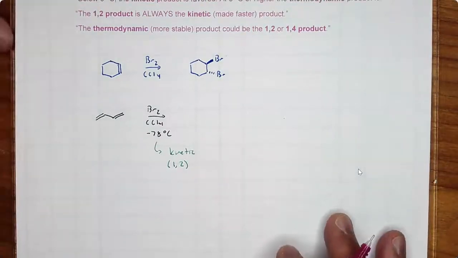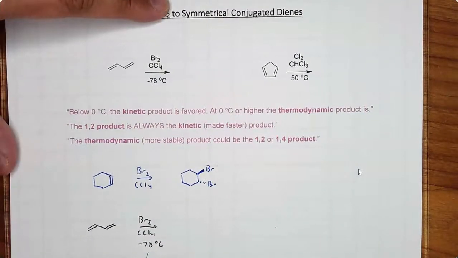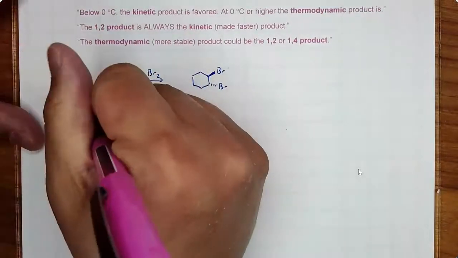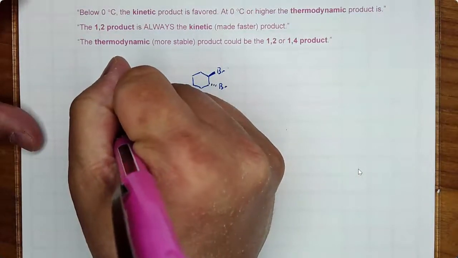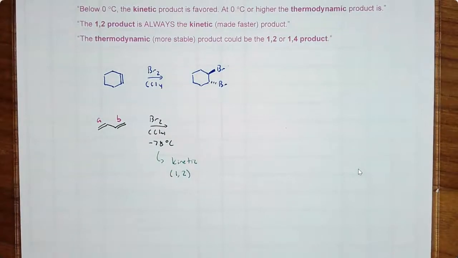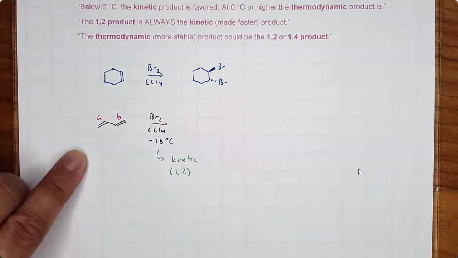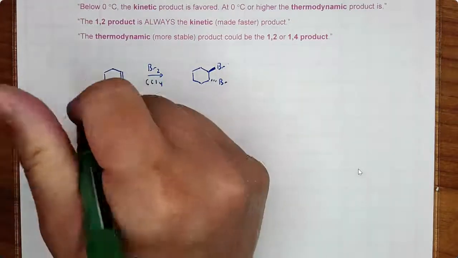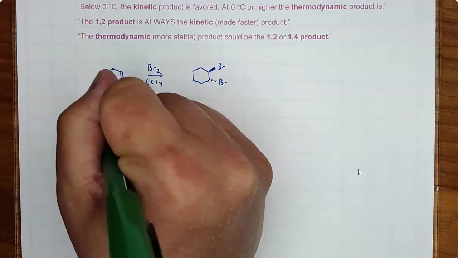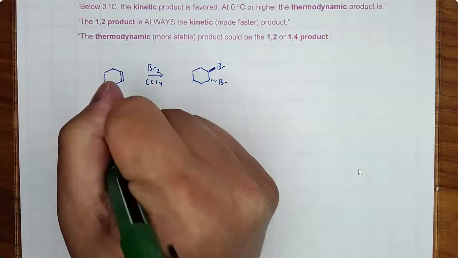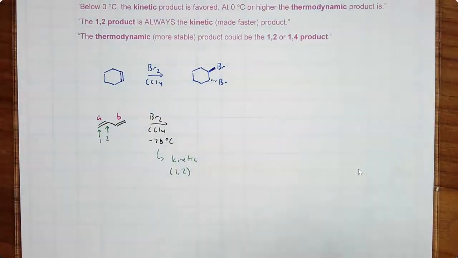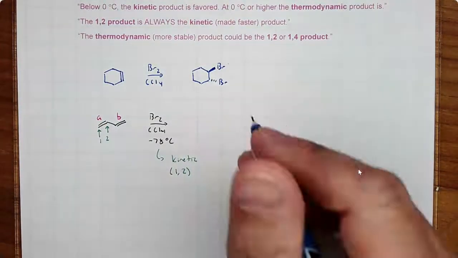Now, these dienes, I said they were symmetrical, and that means whether you choose double bond A or double bond B, you will get the same set of products. So I'll just choose double bond A, and the 1,2 is carbons 1 and 2. You're adding the bromine on those 2 carbons.